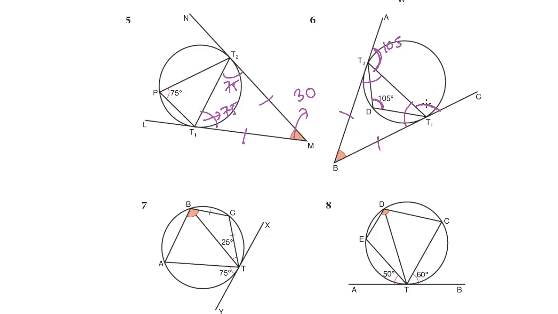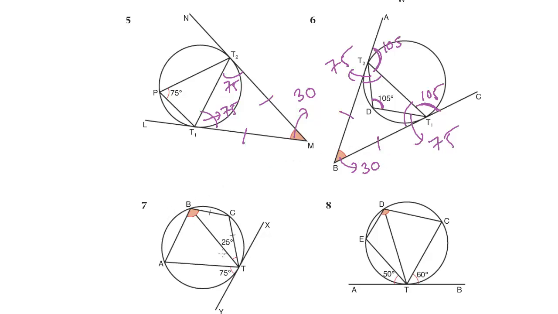Also this is also 105. That means by straight angle, if we subtract 105, we get 75. So this is also 75. So now we have this triangle and we know the base angles are 75 and 75. So by angles of a triangle, 180 minus 75, 75, this is 30 degrees.